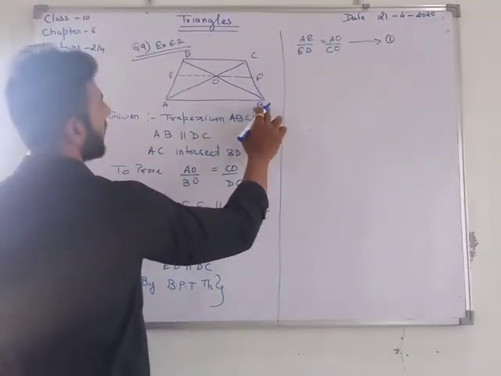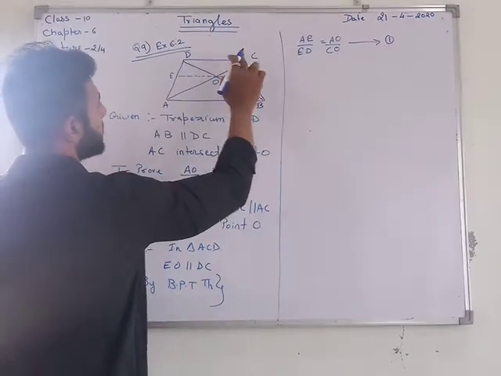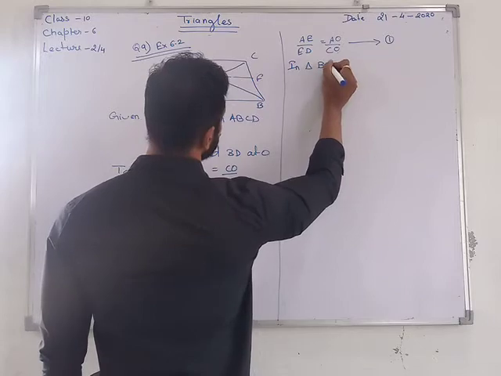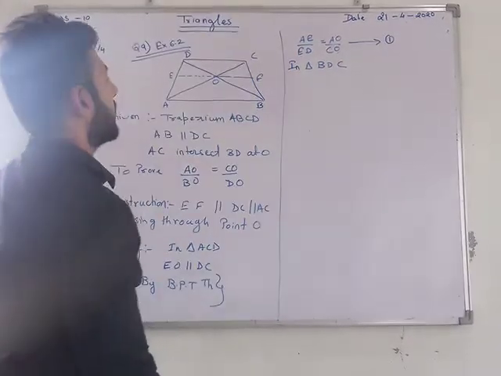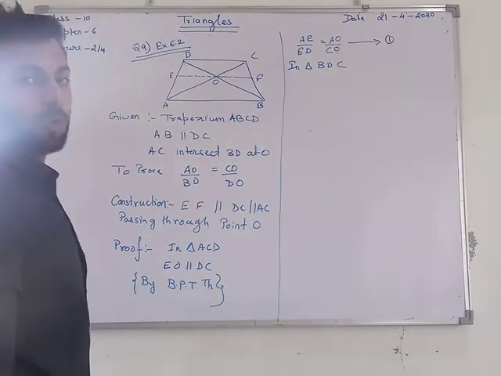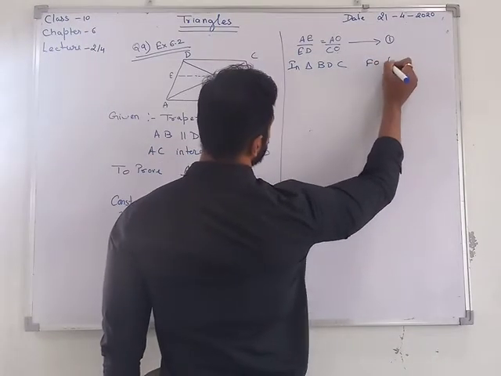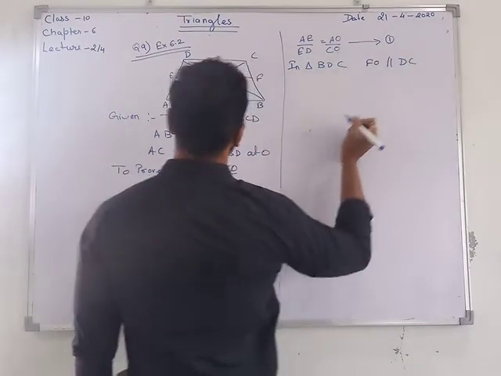Now we are taking the triangle BDC. In triangle BDC, this FO is parallel to DC.